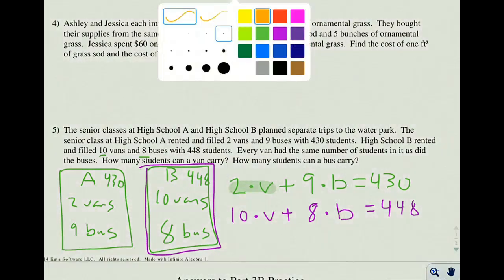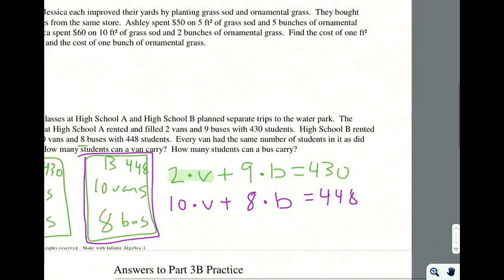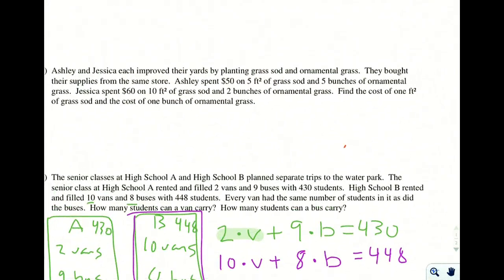So let's go ahead and change our color here. What we have, and I'm going to do my work up here, you might need quite a bit of space for this one. I want to get the 9b away from both sides, so I'm going to subtract 9b from both sides of this equation, leaving me with 2v, my original 2v here, is equal to 430 minus the 9b I just subtracted.